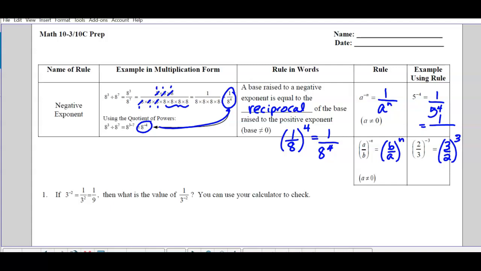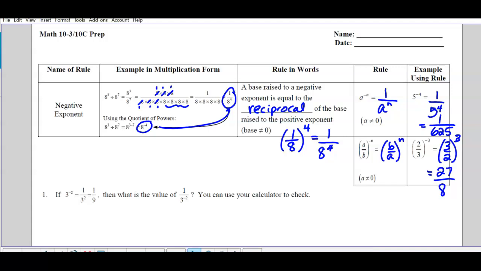Remember we did 5 to the 4th yesterday. It was 625. Okay. This one, 3 halves to the exponent 3, that really means 3 cubed. So 3 times 3 is 9, times 3 is 27, over 2 cubed. 2 times 2 is 4, times 2 is 8.